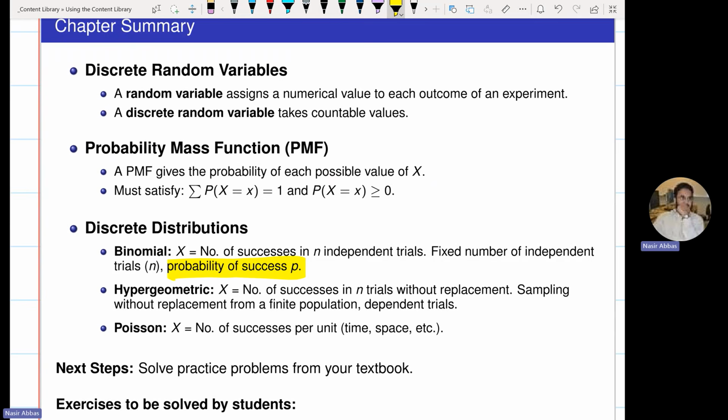If you see the words without replacement and number of successes is required, hypergeometric. If you see the words per unit, per millimeter, per liter, per square meter, per second, that means you are interested in Poisson.